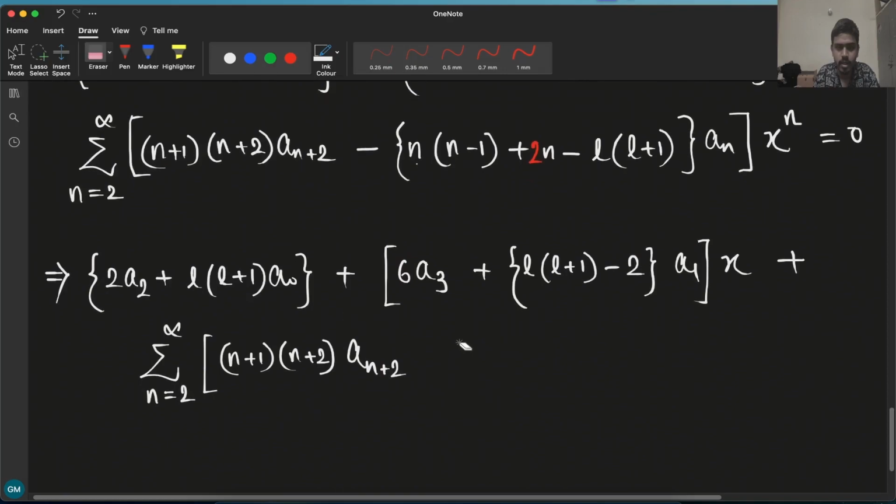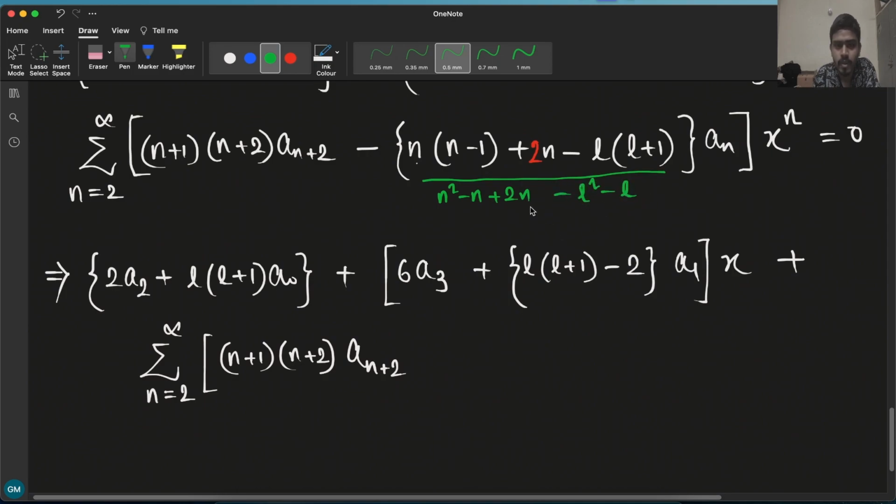And now if I simplify this term, it is n square minus n plus 2n minus L square minus L. Now this minus n plus 2n is just plus n square plus n, right.